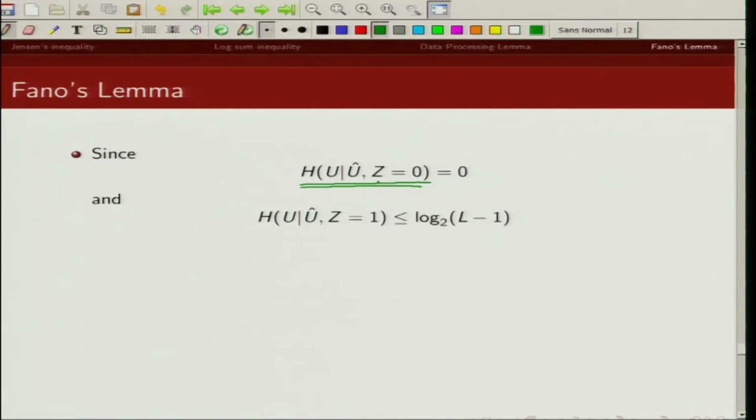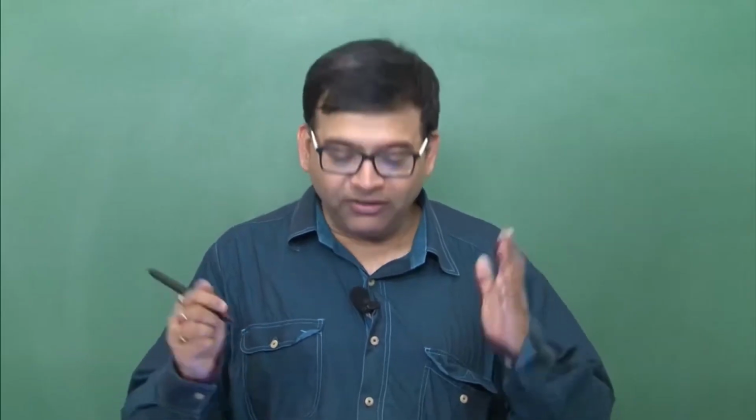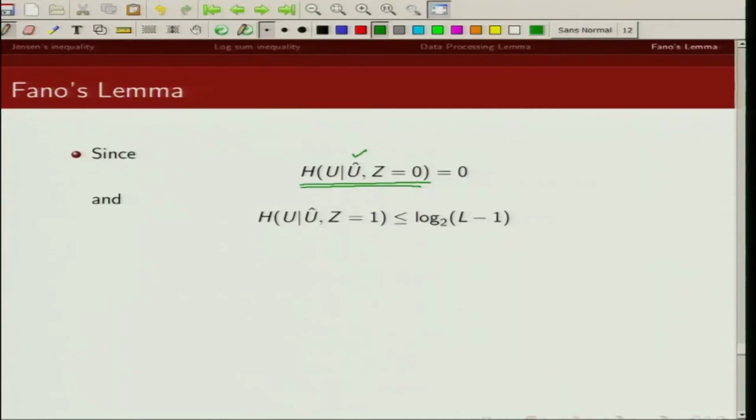Z equal to 0 means there is no error. So if I give you U hat and I tell you there is no error, then you know precisely what U is. So there is no uncertainty in U given U hat and Z equal to 0. So this uncertainty is 0.